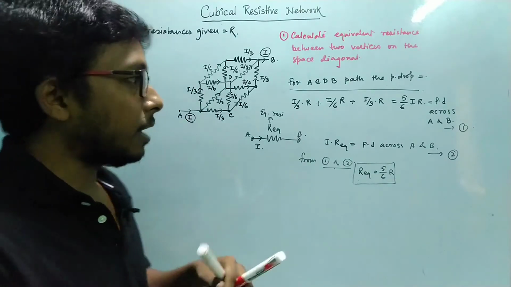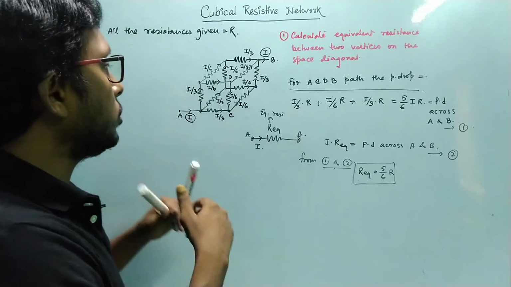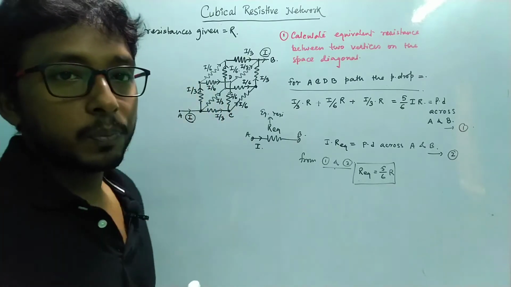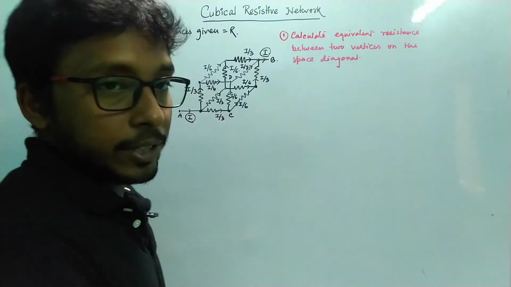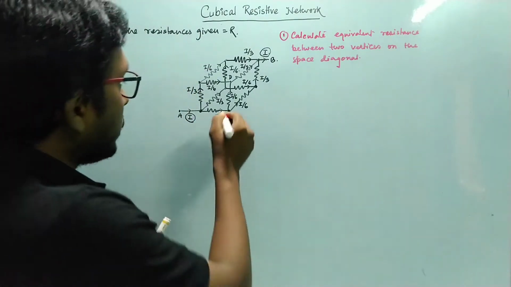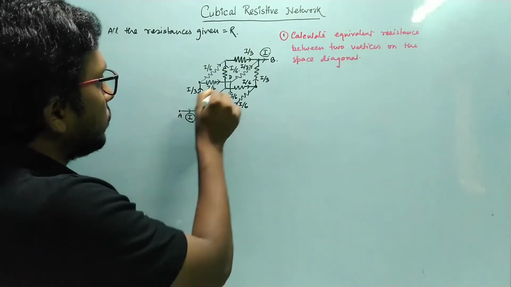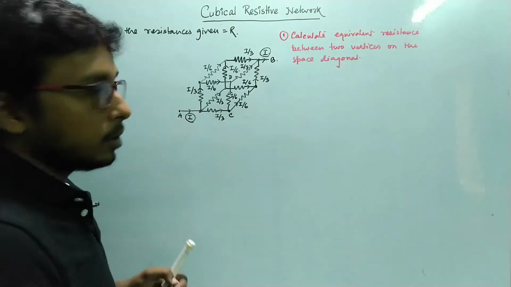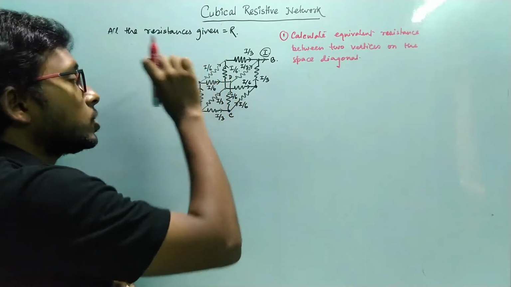Now I can calculate it with a second method where we do not have to divide the current. First, see with respect to A which points are symmetric. You can see with respect to A, as these all three lines are symmetric, so potential drop across this resistance and this resistance must be same.